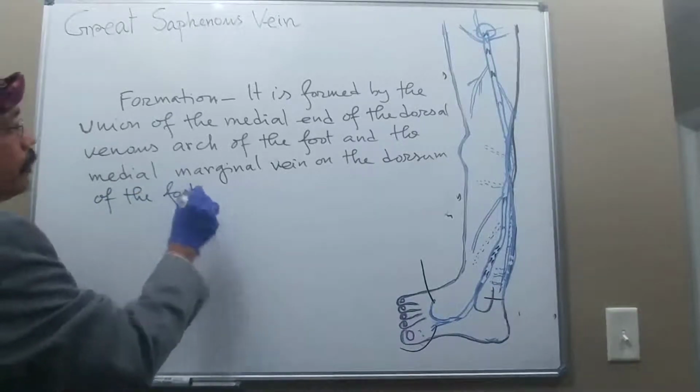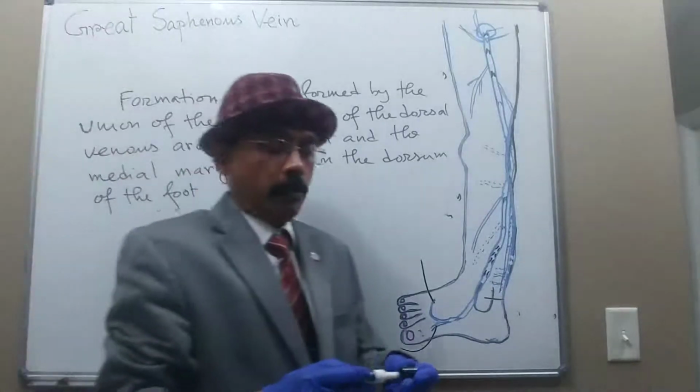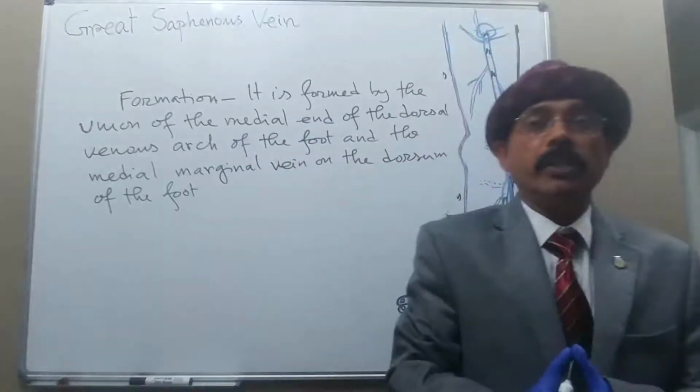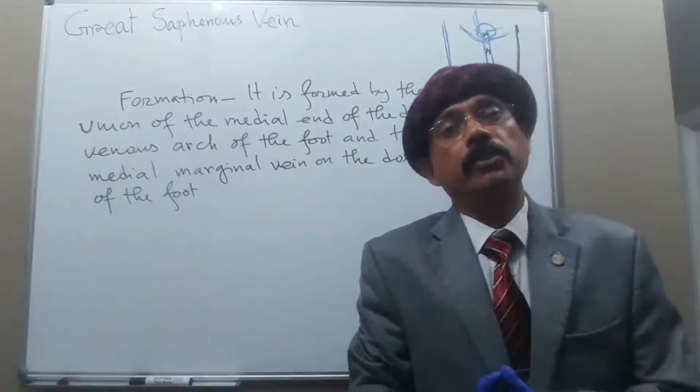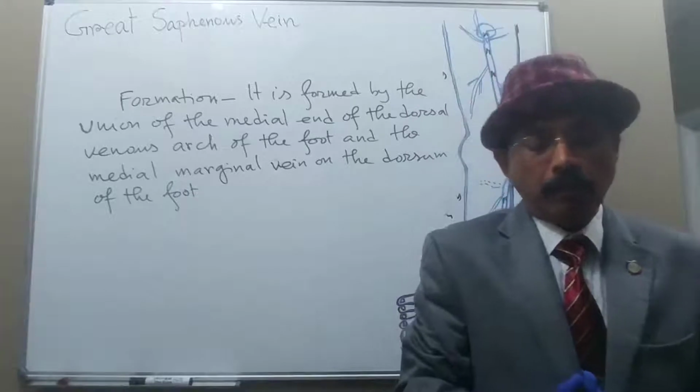Okay, we got the formation: formed by the union of the medial end of the dorsal venous arch and the medial marginal vein.